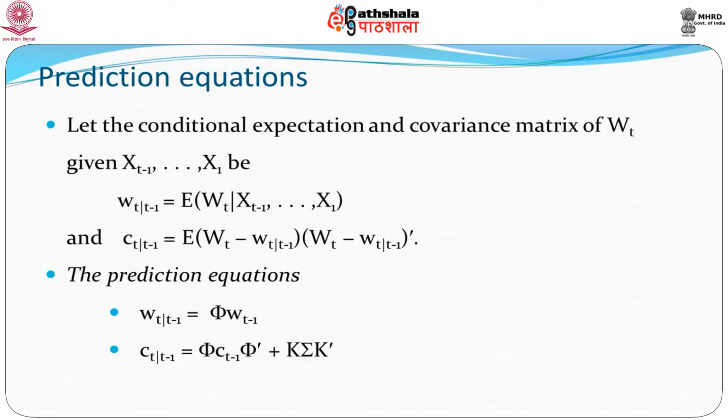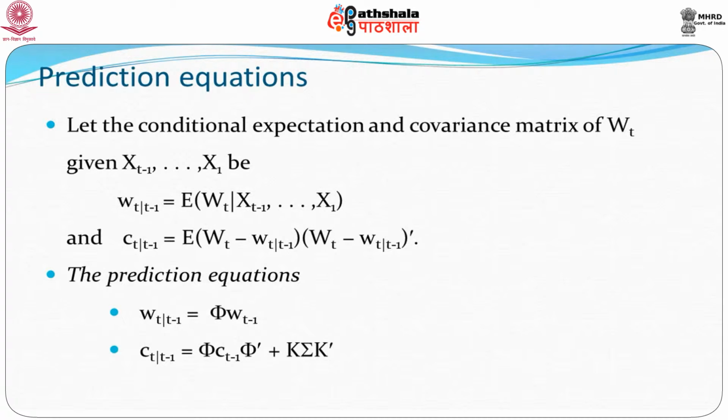So, we get the first relationship of the prediction equations. And similarly, C t given the past would be phi C t minus 1 phi prime plus K sigma K prime. How do you get this? Again, W t is equal to phi W t minus 1 plus error, and we know W t minus 1, we know C t minus 1, which would be the variance, and therefore it becomes phi into the dispersion of W t minus 1 phi prime, and since it is uncorrelated to the error, the variance also comes out as K sigma K prime.